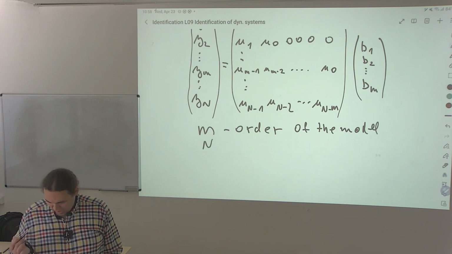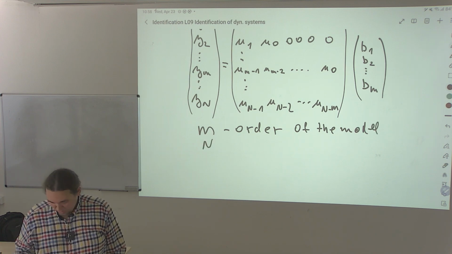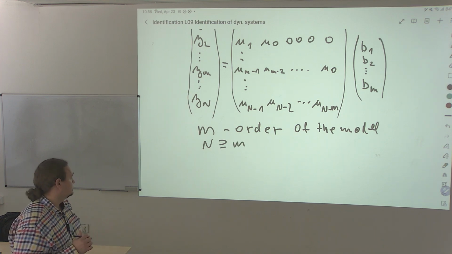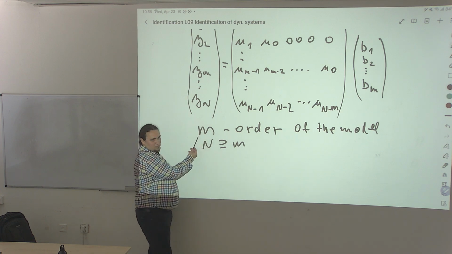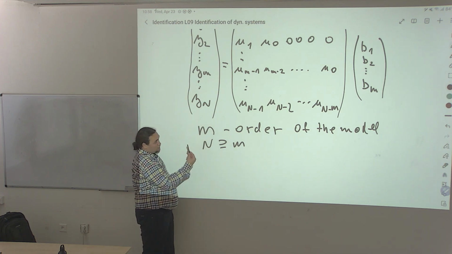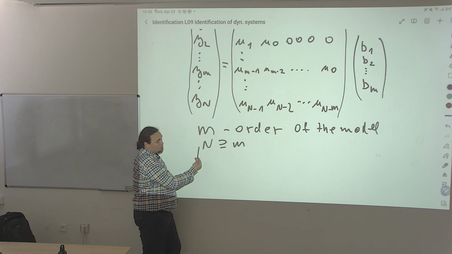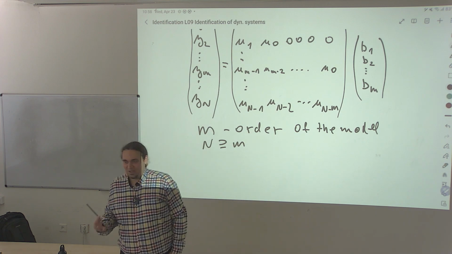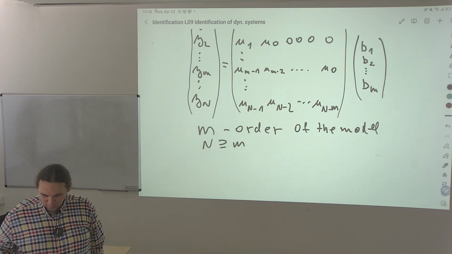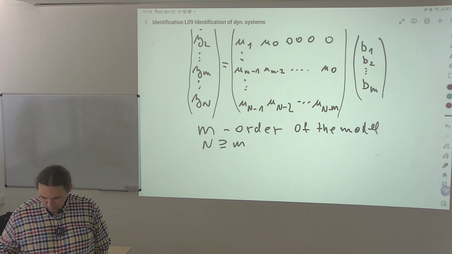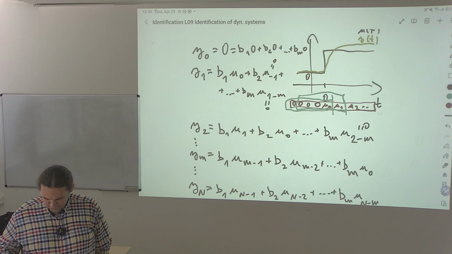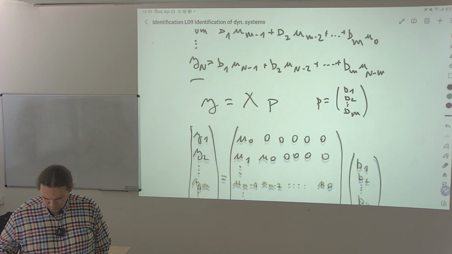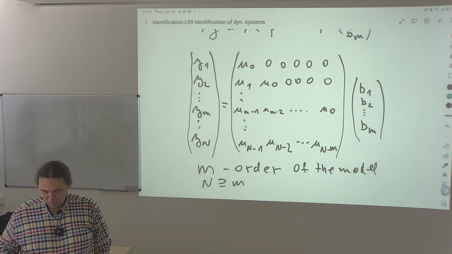And this n is the number of data points that we take into account. Of course, m is the order of our model, and we want to identify m parameters. So the number of data points should be at least m. It's very good if it's more, or much more if the noise is high. Good? Does it make sense?